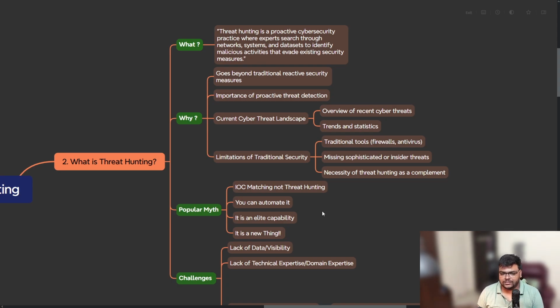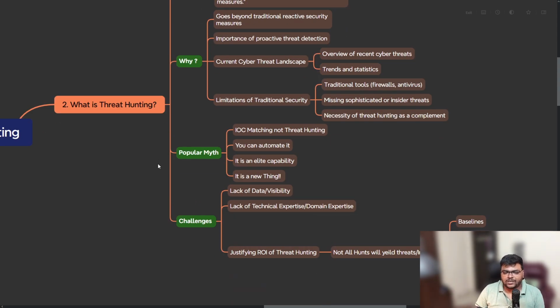The term threat hunting has been in the market for close to five to six years, where people have started calling this entire process threat hunting. But there were always security engineers, practitioners, and analysts who used to go back to their data, ask difficult questions, understand what was happening in the data, and detect if there was something malicious happening that was not already detected by an alarm or an alert, right?